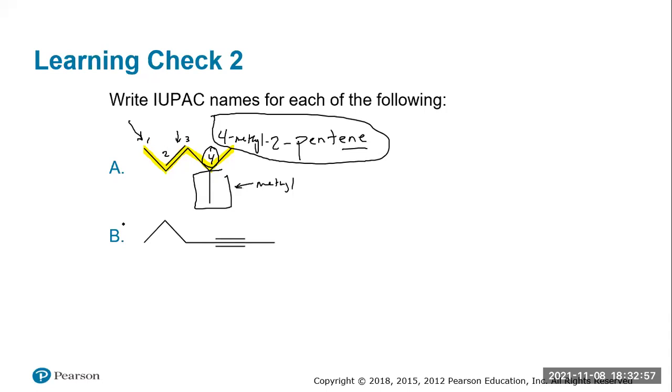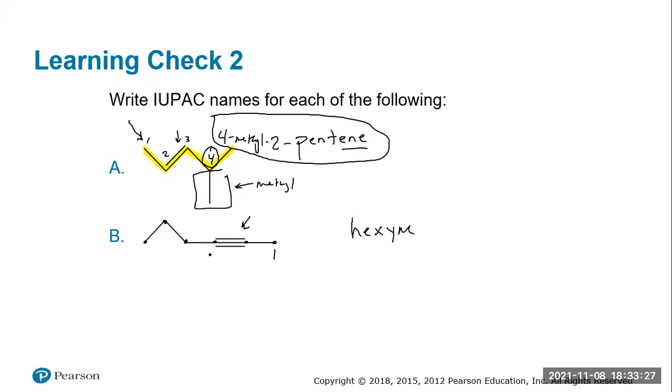All right, coming across here on the next one, not a lot of options there. So it's 1, 2, 3, 4, 5, and 6. 6 is based off of hexane, ANE. We see a triple bond happening there. So this becomes hexyne. And the location of that triple bond, we would go right to left.